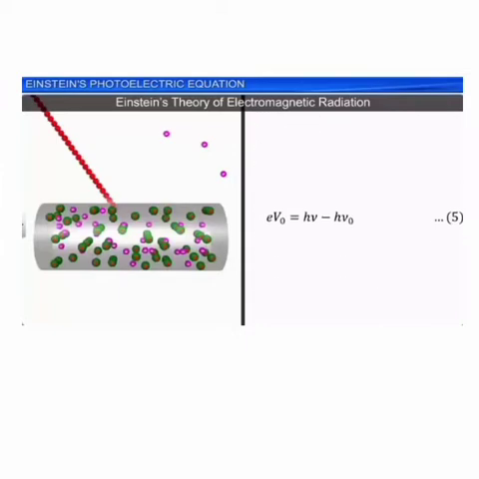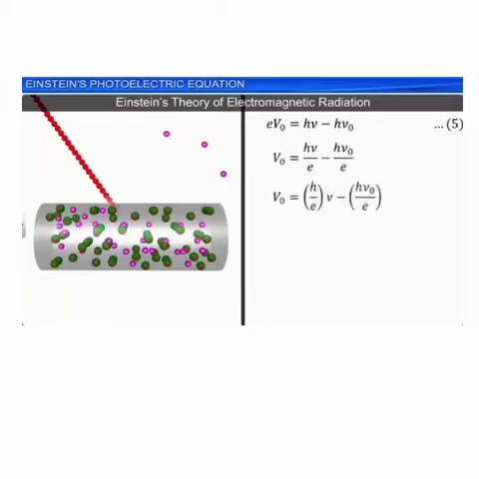On rearranging the terms in equation 5 as shown, we get equation 6 as shown. Equation 6 is similar to the equation of a straight line y is equal to mx plus c, where the slope m of the graph is equal to h by e.